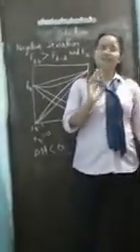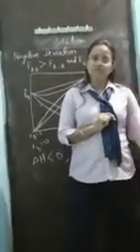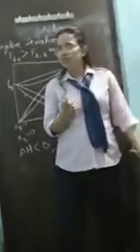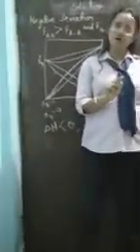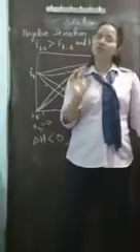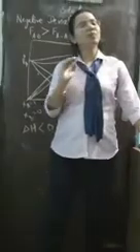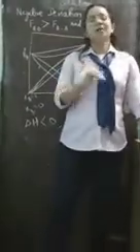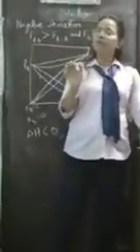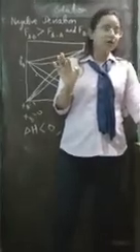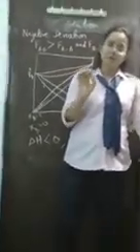These are the two types of azeotropic solutions: the minimum boiling azeotrope has a boiling point less than either of the components, and the maximum boiling azeotrope has a boiling point more than either of the components. Okay, understood? These are the azeotropic solutions.